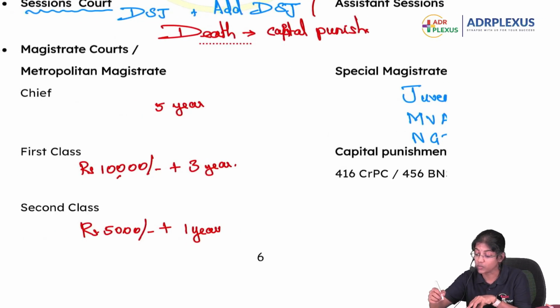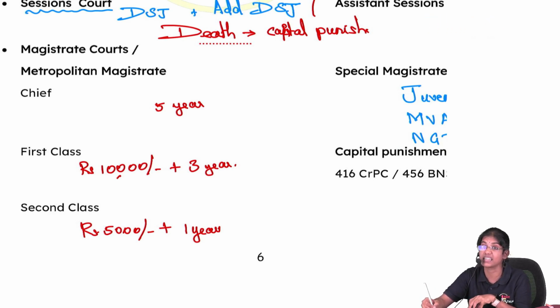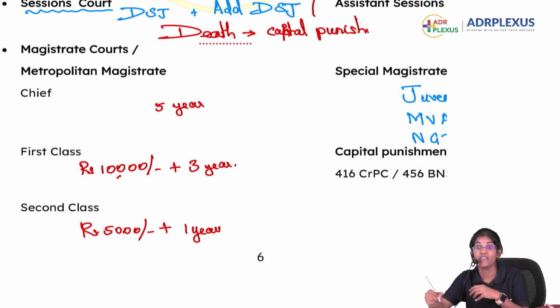Now let's look into capital punishment. When we say capital punishment, we are talking about the death sentence, the death of a person.